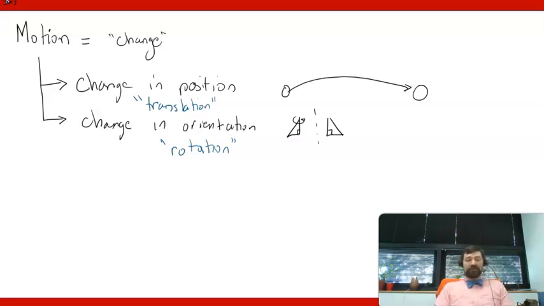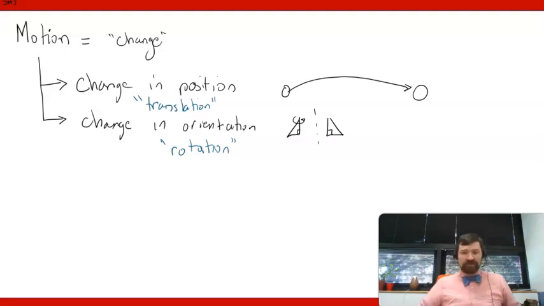Okay, I've defined what I mean by motion. Now, what about describing it? Well, I have an object starting at one location and then moving to another location. I could describe it as being a translation. I could describe a start and finish position, start and finish orientation, something like that. But that in and of itself doesn't give me a complete description.